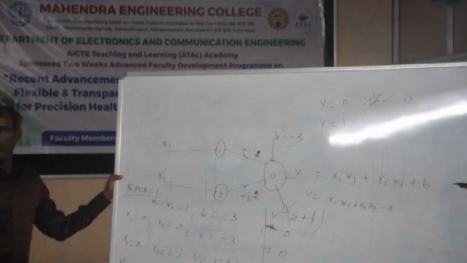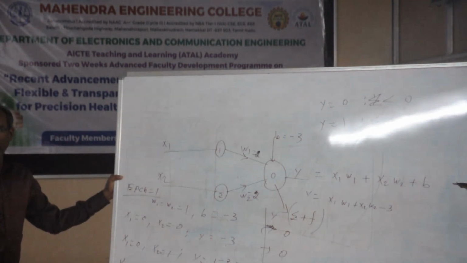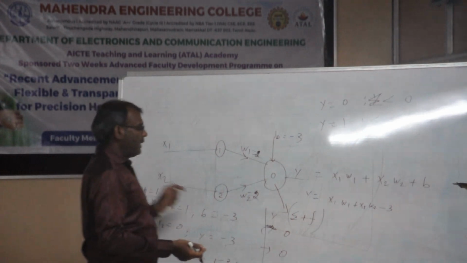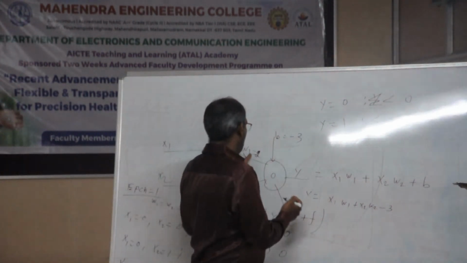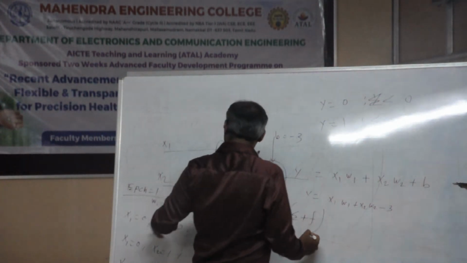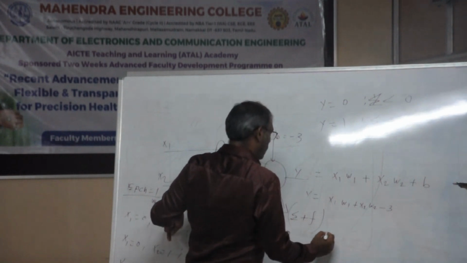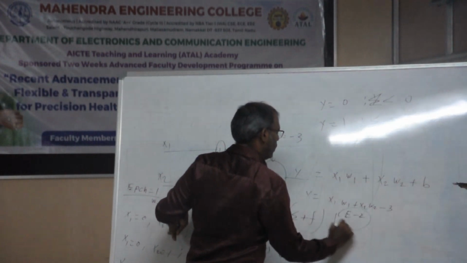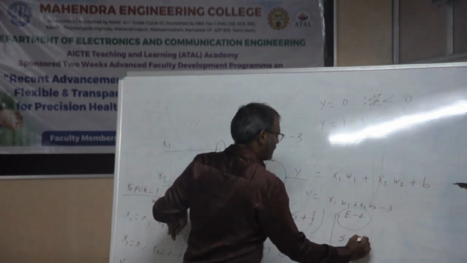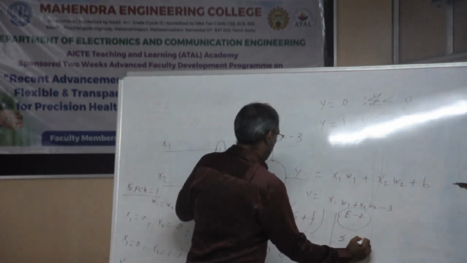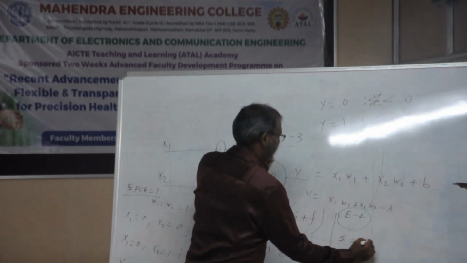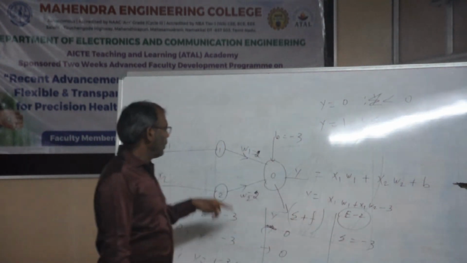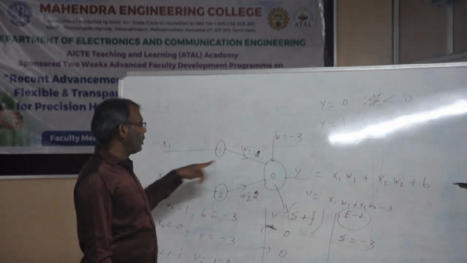Call this one epoch. Then in the second epoch, we are updating the weight, so we have to use the updated weight. Now with the updated weights you go again. Then x1 is 0, x2 is 0. What is your summation? This is epoch 2. So what is the summation result? y is equal to minus 3, because x1 is 0, x2 is 0.